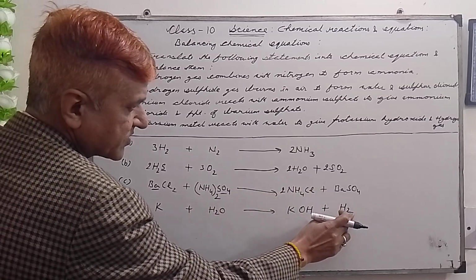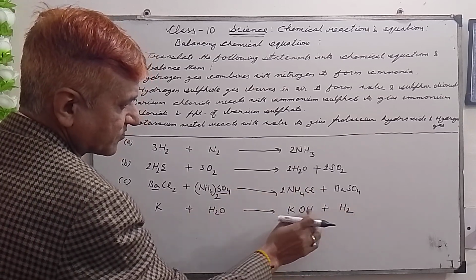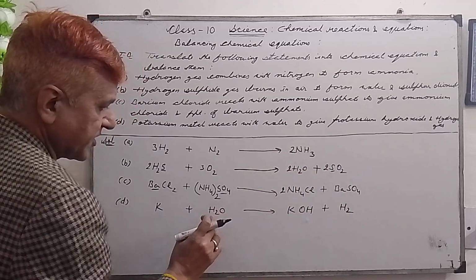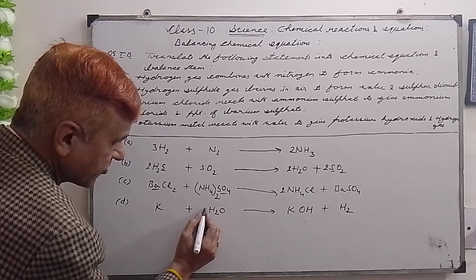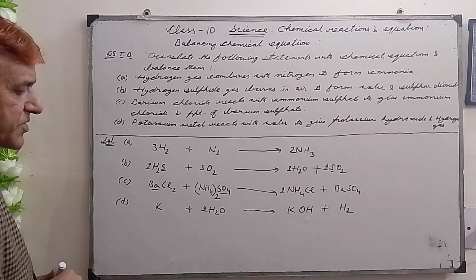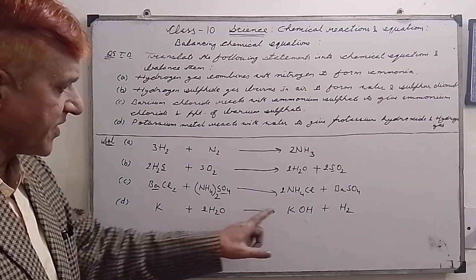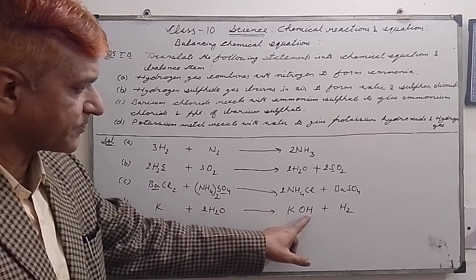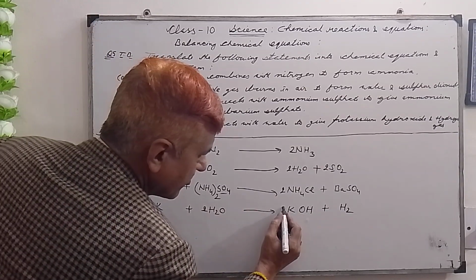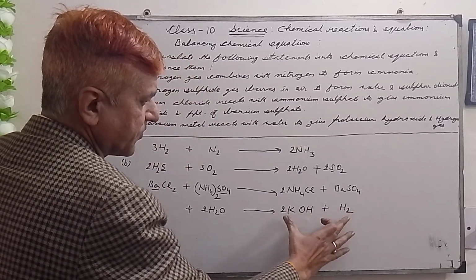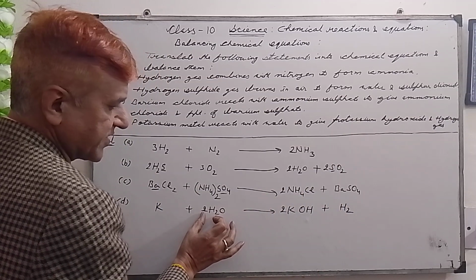Here we have 3 atoms of hydrogen actually, 1 and 2. So if we multiply this by 2, how many hydrogen here? 2 2s are 4. And how many hydrogen here? If I multiply this by 2, 2 hydrogen and 2 hydrogen, 4 hydrogen atoms and 4 hydrogen atoms.